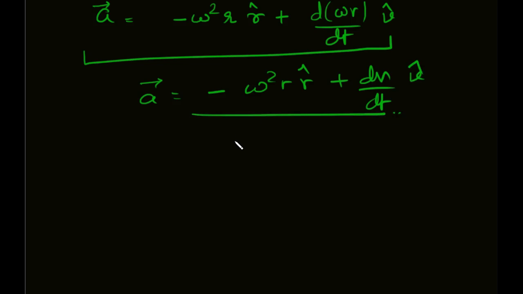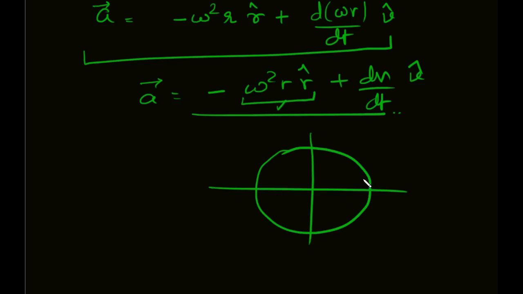This is the actual acceleration when velocity varies, because when velocity is constant, dv by dt will be 0 and only the left term will remain. But here velocity is not constant, hence the acceleration has a_r and a_tau, and a_tau equals dv by dt along v cap, because this tangent is v cap and this is r cap. And this is the real solution of acceleration.